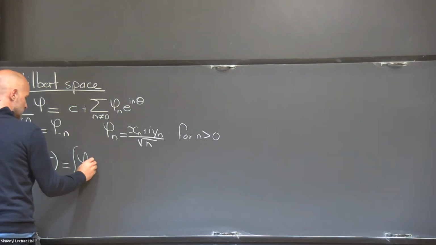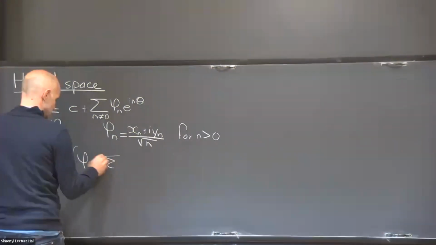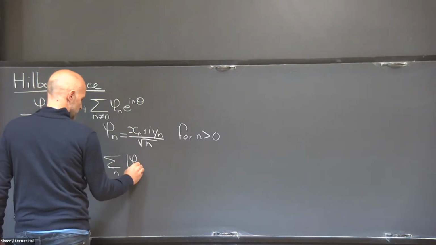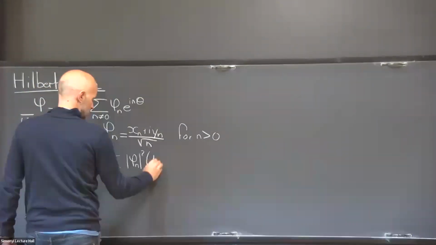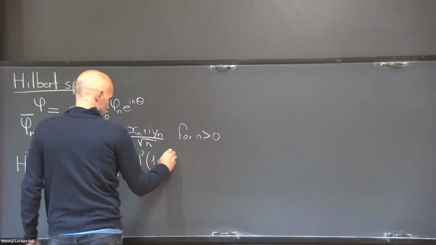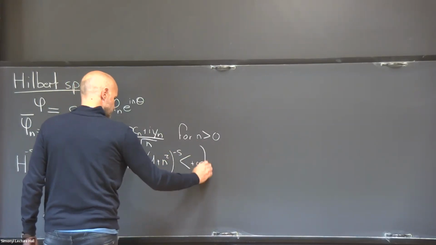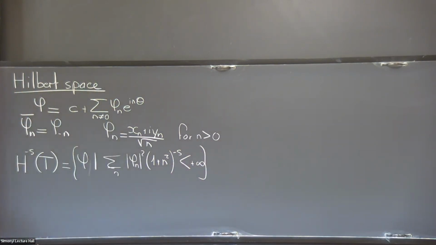It's the set of those functions such that the sum over n of the |φ_n| squared weighted appropriately is finite. Okay, so this is a Sobolev type space with a negative index.